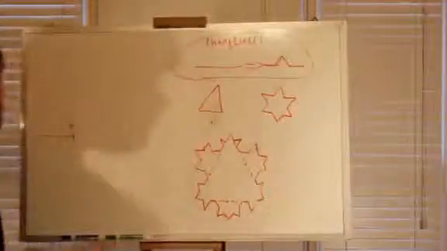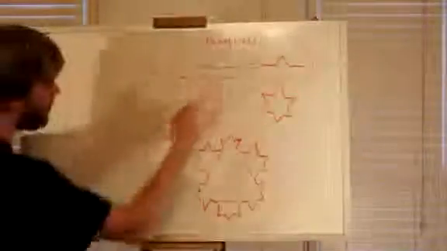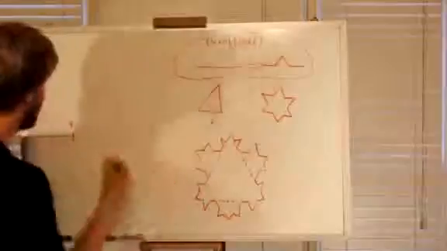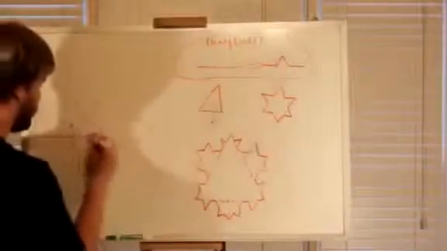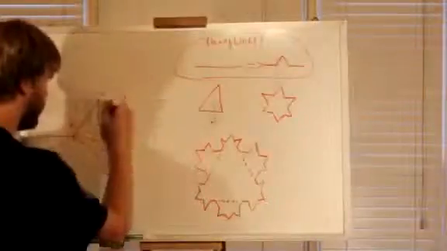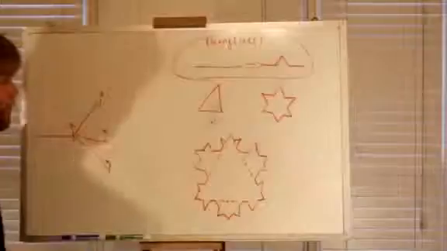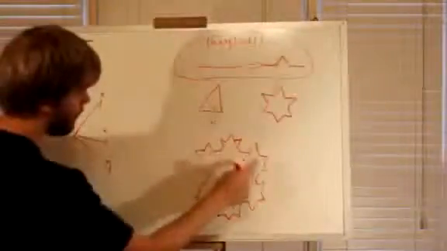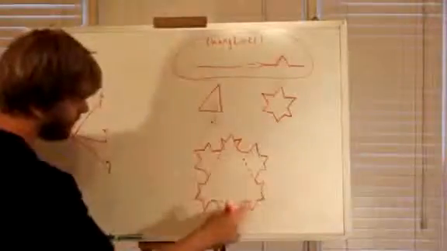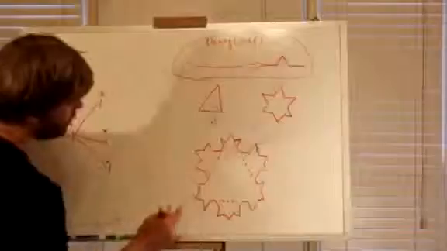And then how many times do we have to call this method on the triangle? 1, 2, 3 times. And then how many after that? Let's see, that's 1, 2, 3, 4, 5, 6, 7, 8, 9, 10, 11, 12 times.